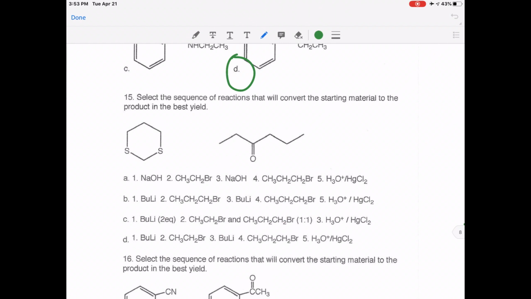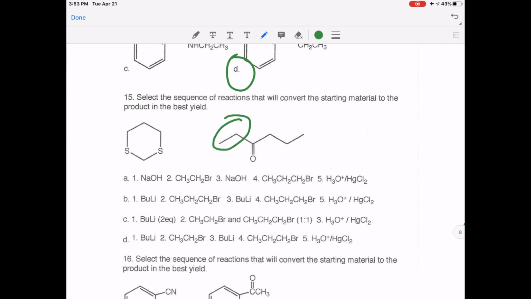Question 15 is asking us to convert this thioacetal to this ketone. And so in order to go about doing this, we need to focus on how we are going to add two alkyl groups to this thioacetal, which can then be hydrolyzed to a carbonyl group.